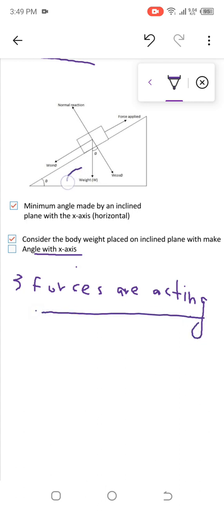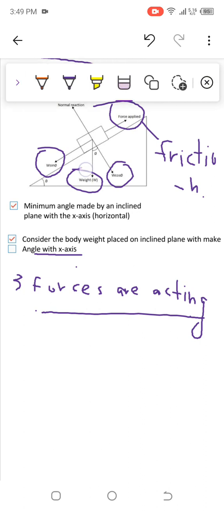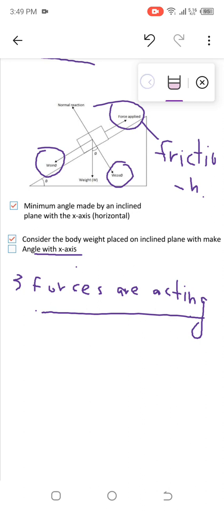Suppose one is the weight of the body. The first one is the force applied, or you can say friction. Then we have W cos theta and W sin theta. So these are the three forces which are applied on the body.